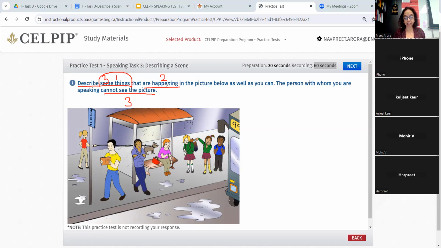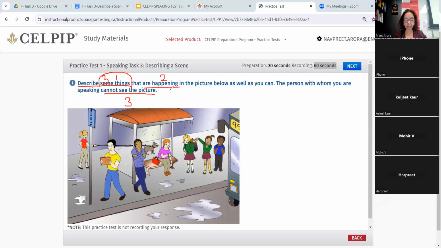So happening is the second element. So "are happening" represents present continuous tense. That means whatever is happening right now in the picture, you have to say using present continuous tense. So you can say, they are standing, she is going, he is waiting. Simple present continuous tense primarily is am, is, are with ing.